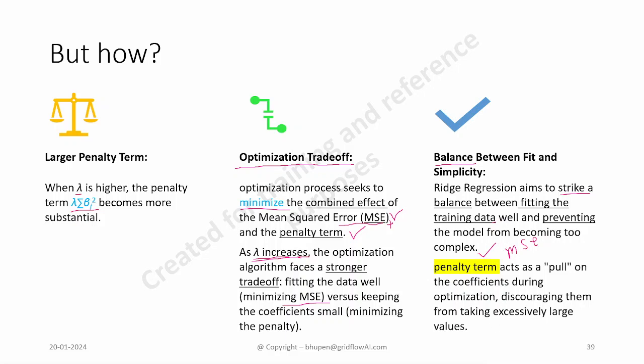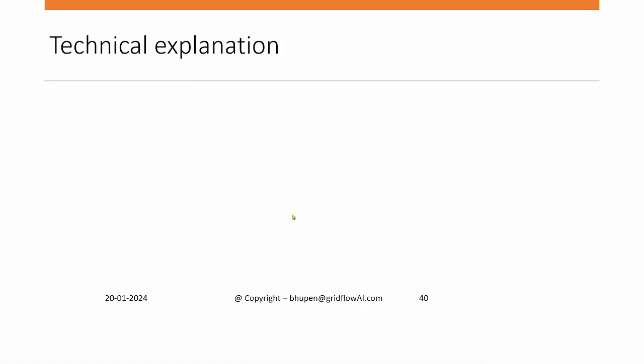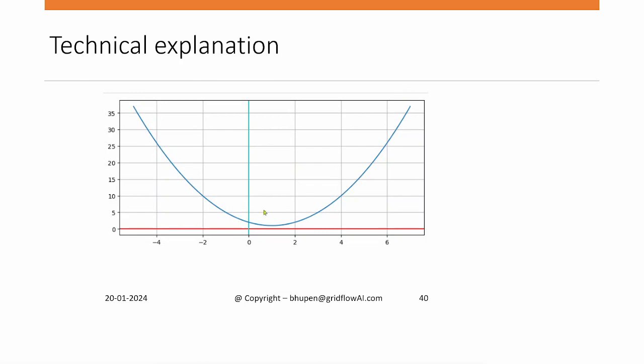I think it needs further explanation. Let's take a look at a plot. Let's say this is a gradient descent, and without the penalty, you have the mean square error. With regularization, we have added one more term here.